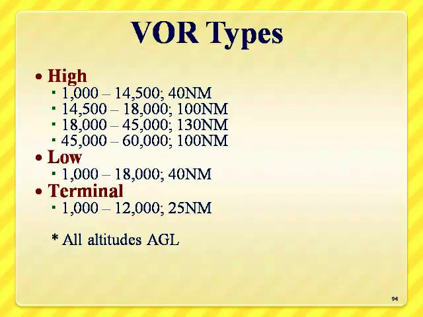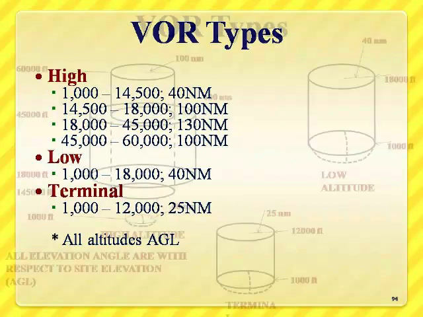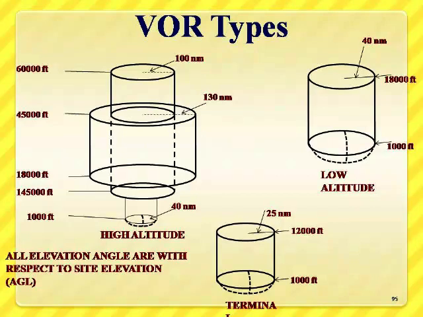And like that, even 60,000 watts it can radiate, get 100 nautical miles of range. A low one is up to 40 nautical miles, and at the airport terminals we will have range up to 25 nautical miles. So the different types are shown in this diagram here: low, normal and high.